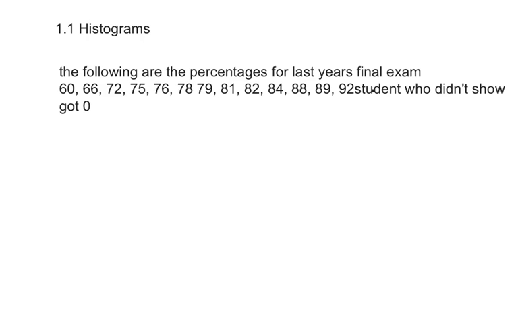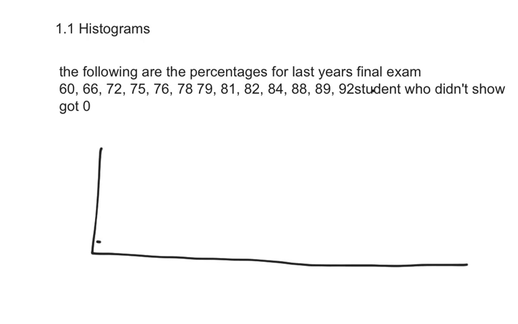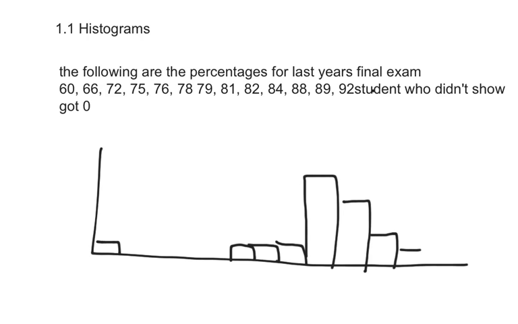Now let's take a look at this. I had one student show up who got a 0. Just for the sake of time, we're going to use what I drew on the last one. There was my original graph. Looking at this, this young man is what we refer to as an outlier.